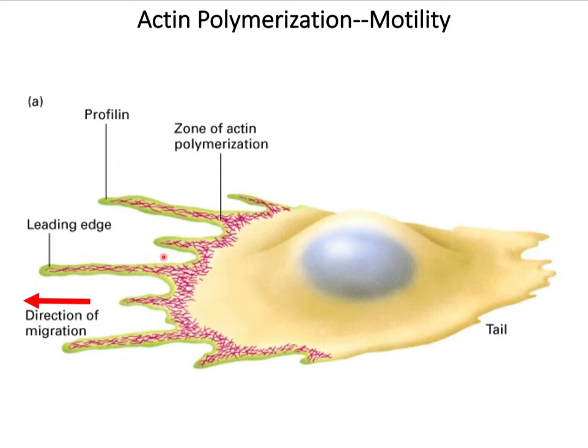As these actin filaments grow, profilin is permitting the growth of these filaments. You have an extension of this membrane, which facilitates the movement of the cell. What's interesting is that the polymerization of actin is happening at this leading edge, and not just by adding straight filaments, but they are actually branched filaments.